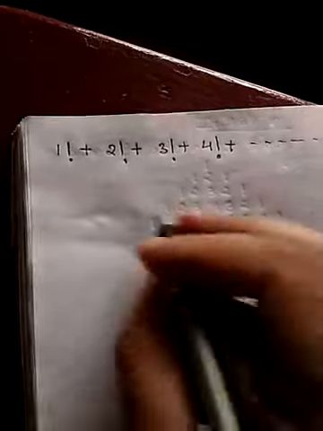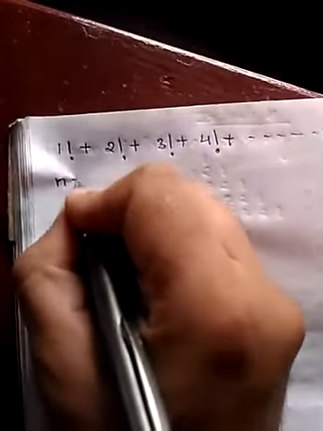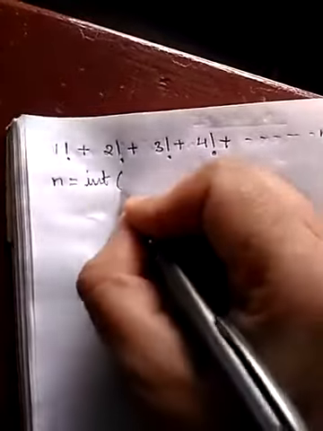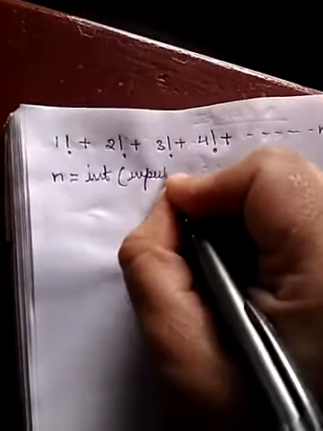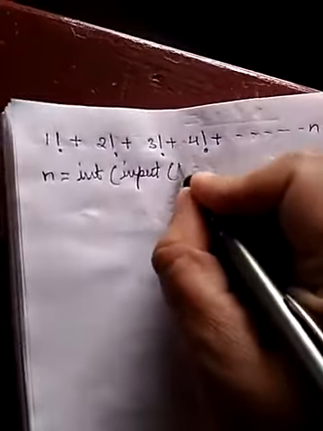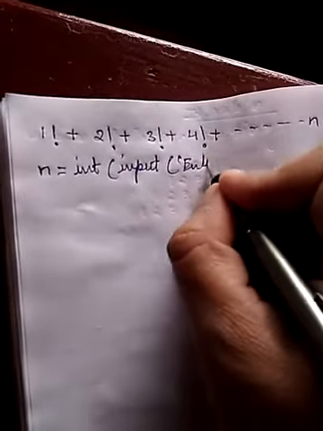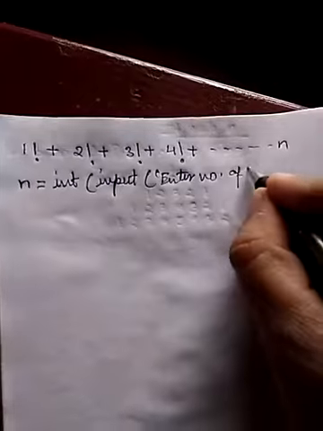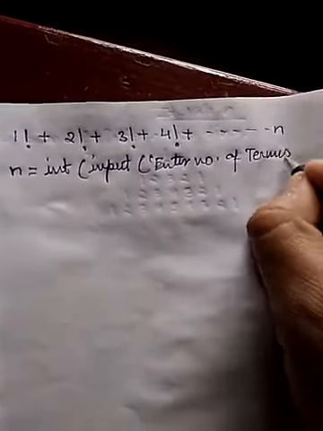So how we do it? First we need to read the value of n. N is the term, input, "enter number of terms".